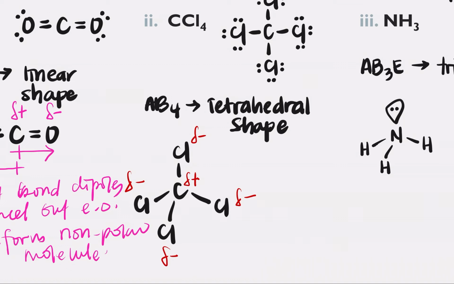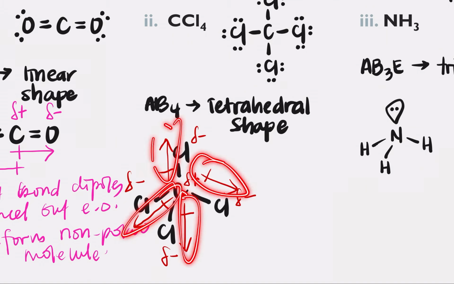Okay, next step is for you to draw the arrows from carbon towards chlorine. Okay, so since they are all CCl bonds, right? The magnitude of your CCl bonds will all be the same. Okay, each of these arrows will have equal magnitude.